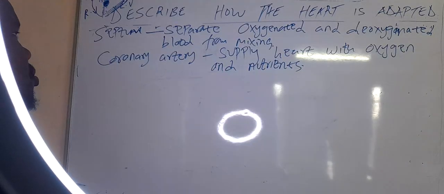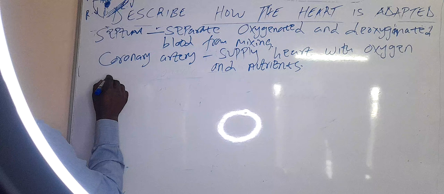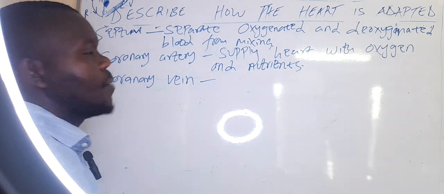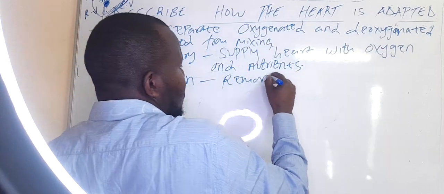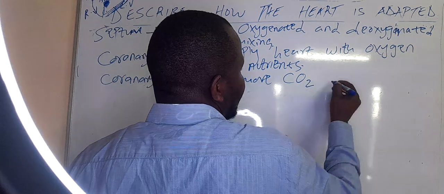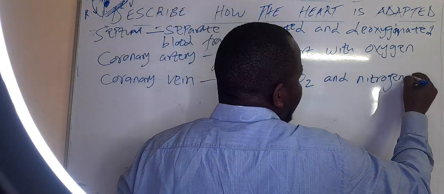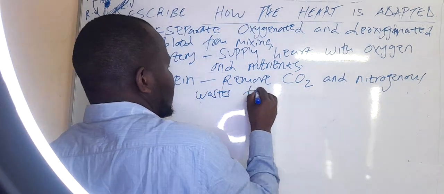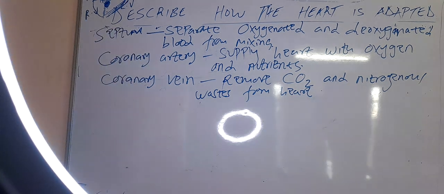The heart is a living tissue, so it will require some oxygen for respiration and also nutrients to do that. Then we have the coronary vein. After respiration, there is build-up of carbon dioxide and other nitrogenous waste. So it will remove carbon dioxide, that is CO2, and what? Nitrogenous waste from the heart. From the what? From the heart.